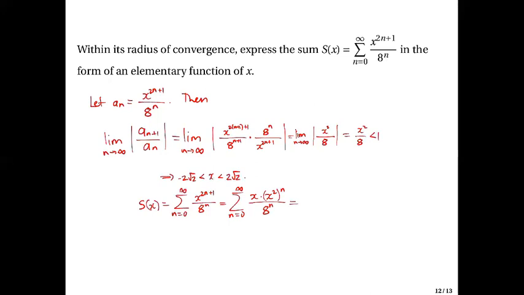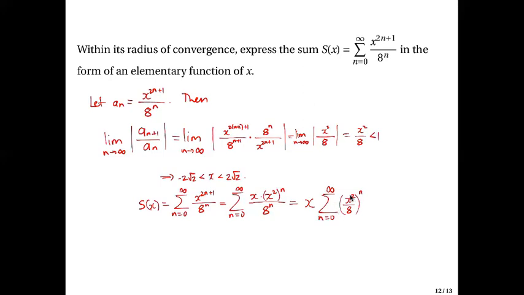Then we combine x squared and 8 as one fraction and raise it to the power n. Then we bring our x out of the summation symbol. So we will have x times the sum of x squared over 8, quantity to the n, from n equals 0 to plus infinity.